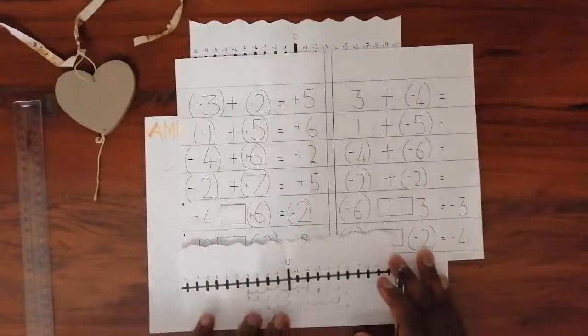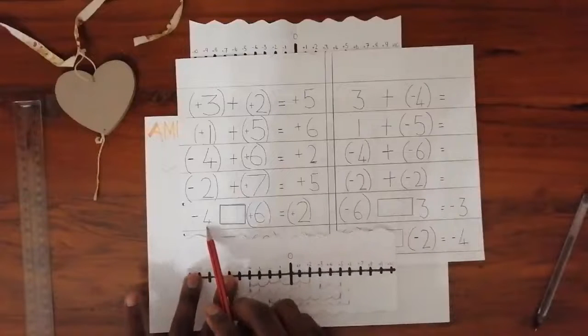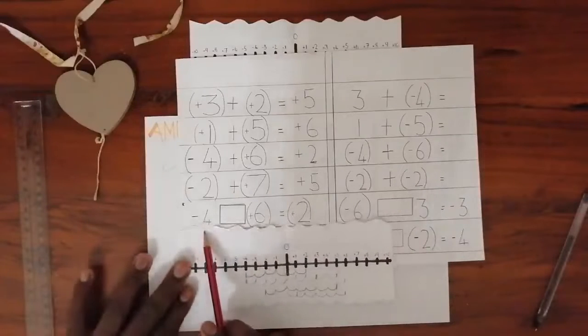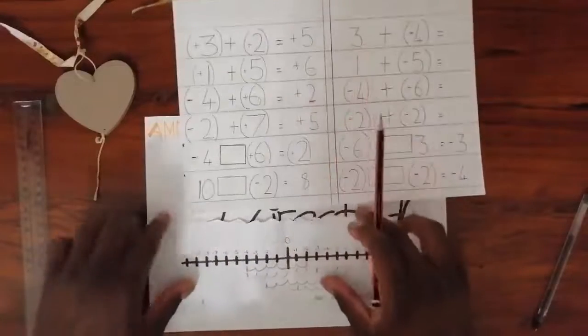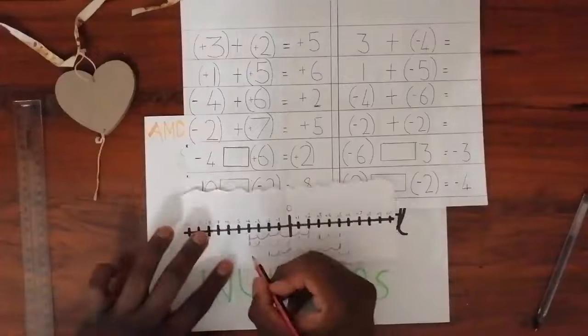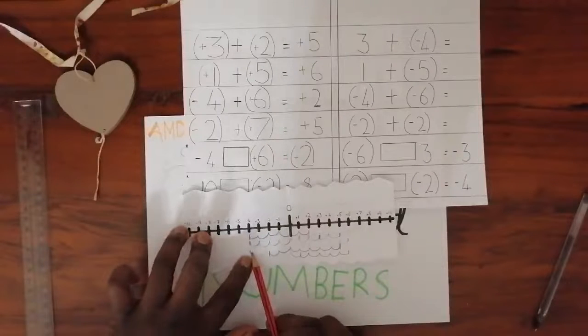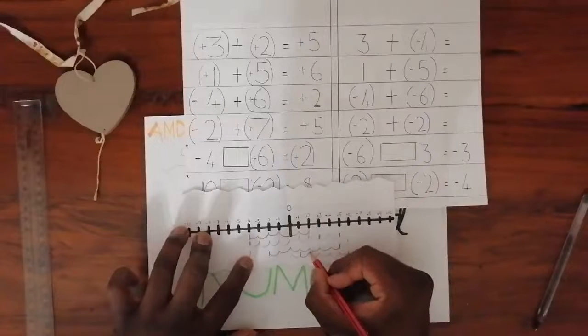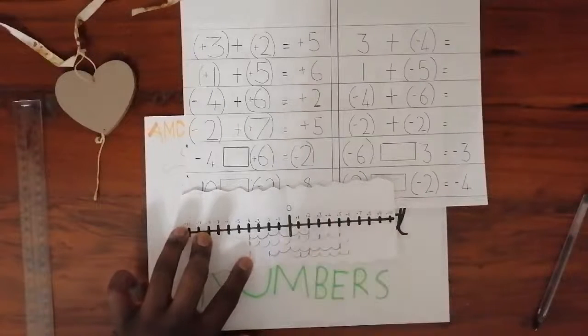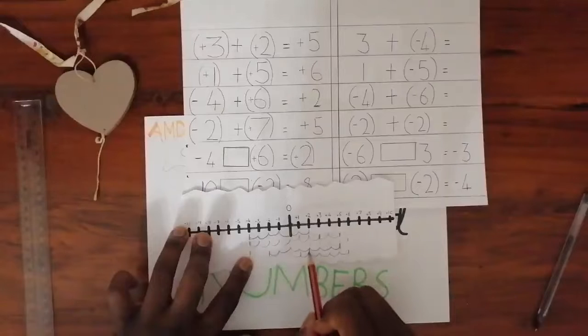A trick would be to use the number line. Again, we go to the start point, minus 4. Our start point is minus 4, and our answer is plus 2. So we ask ourselves, how did we move from minus 4 all the way to plus 2?